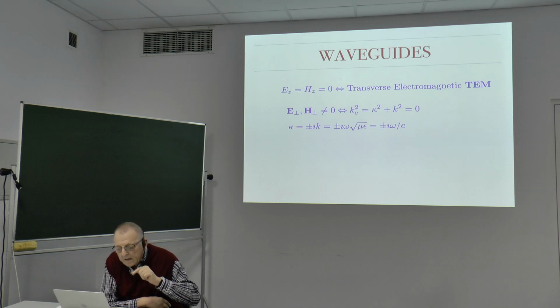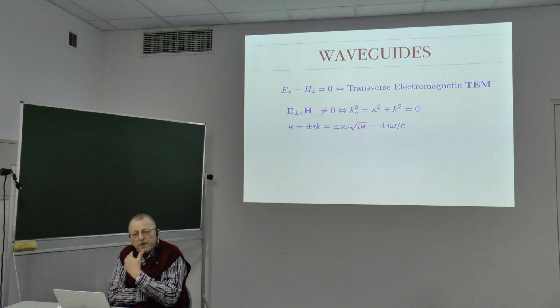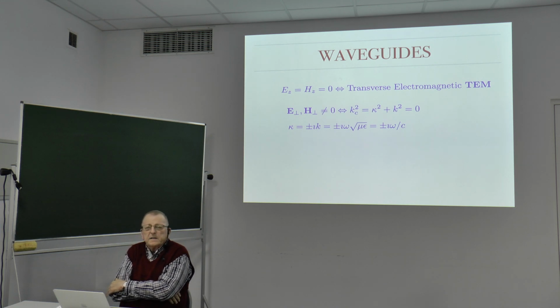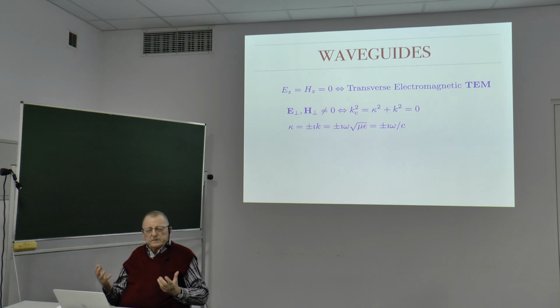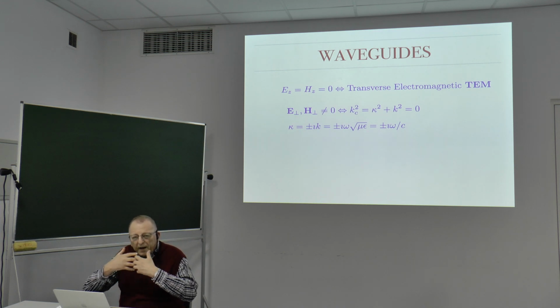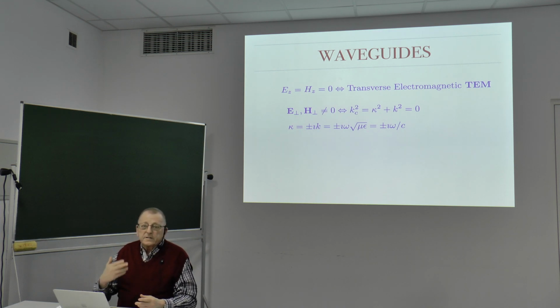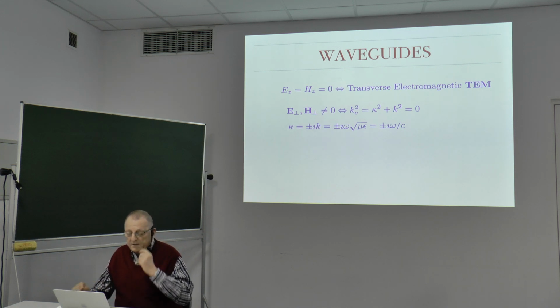The transverse electromagnetic mode is a wave which propagates, and it propagates with the speed of light. So it looks like the TEM mode is just an electromagnetic wave, a light wave, but of course with the velocity which depends on the properties mu and epsilon.